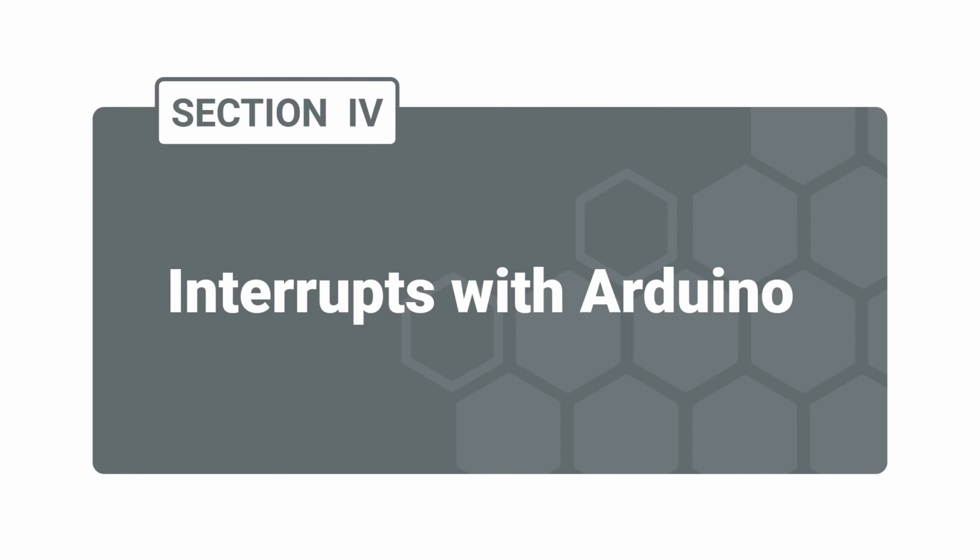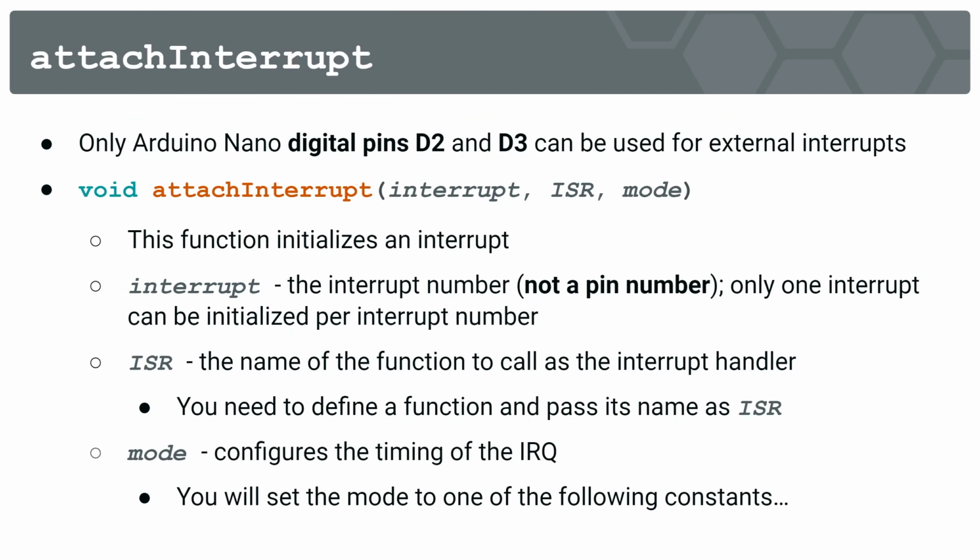Now, how do we set up interrupts with Arduino? It's pretty simple. You have one built-in function called attachInterrupt. Now, keep in mind, this can only be used for two digital pins, D2 and D3. These are the only two pins that can be configured for external interrupts. attachInterrupt is the function which we will call to initialize the external interrupts.